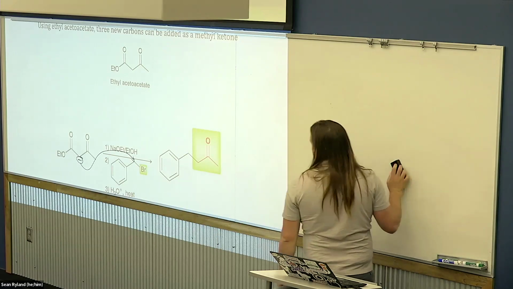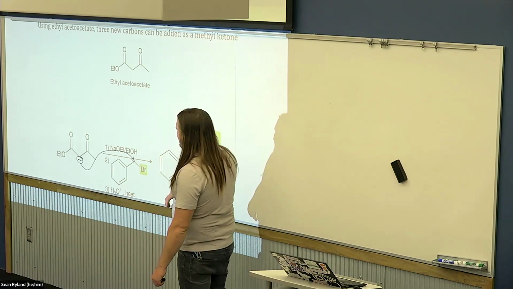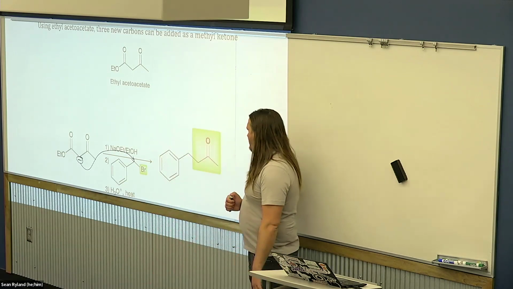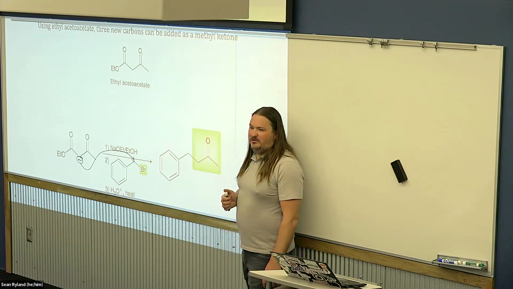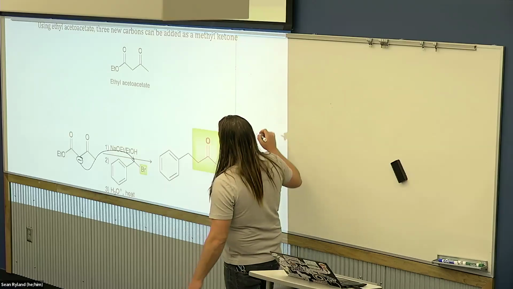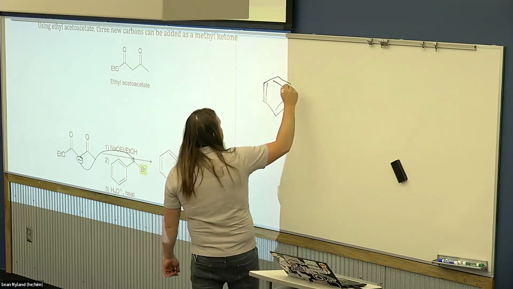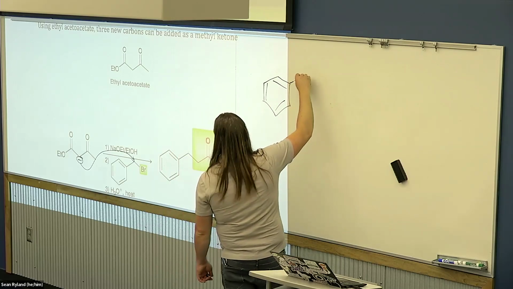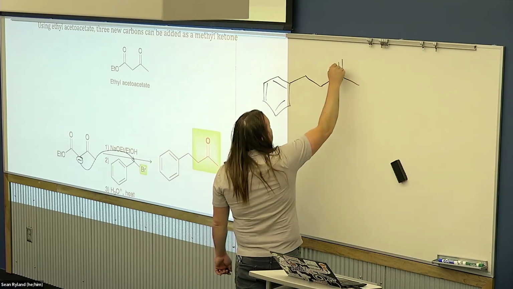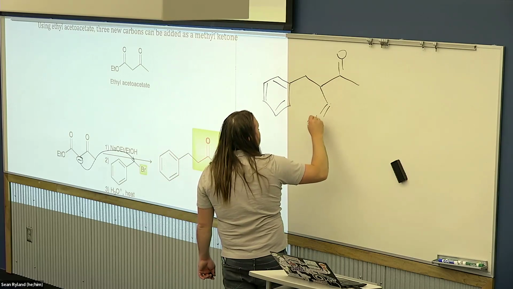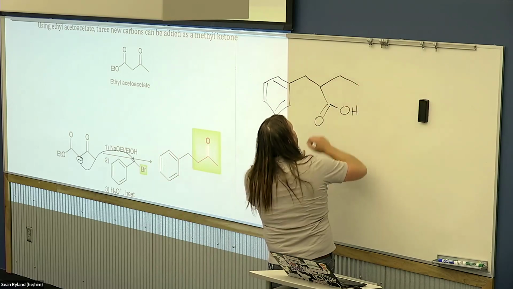With it not being a diacid, decarboxylating is going to look a little different, but it's similar in that you start by making the enol form, and then the enol form will rearrange. Make sure I put it in the right spot.